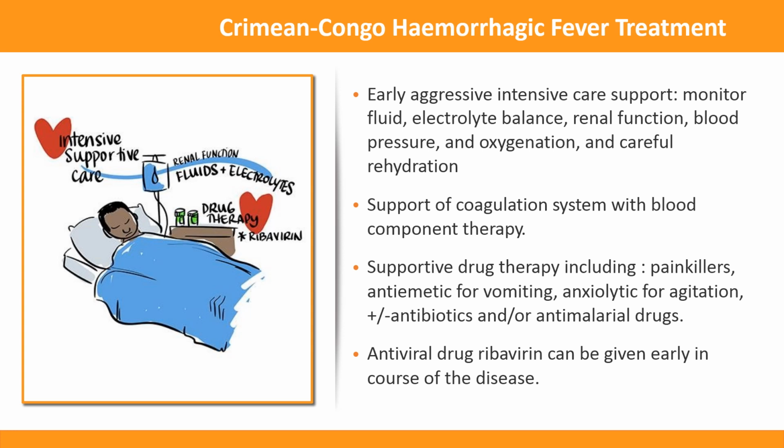The supportive drug therapy includes, like always, antiemetics, painkillers, anxiolytics, antibiotics, antimalarial drugs, and the antiviral drug which is commonly used, I think that's ribavirin. It can be given early in the course of disease, and it has shown a positive response if given early in the treatment.